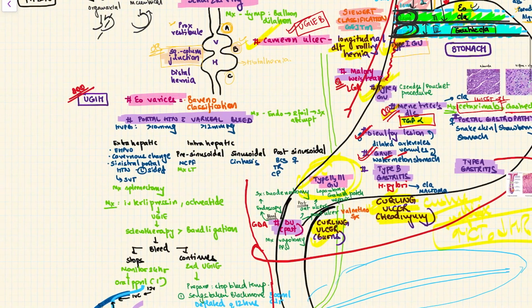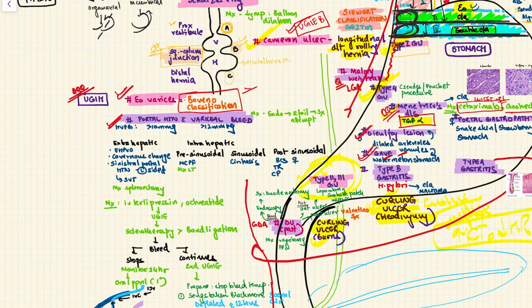Then the most important cause of upper GI hemorrhage are esophageal varices, right? For esophageal varices, just remember the name, Baveno classification is done, right? And we can see it in a portal hypertensive patient that presents with a variceal bleed.